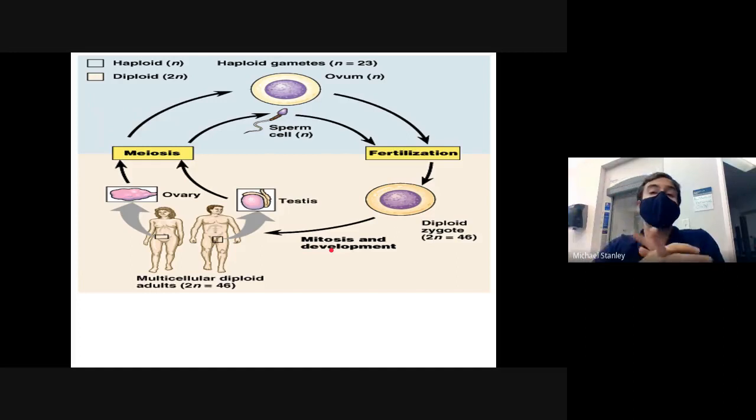So the reason why we need meiosis, you may be wondering, well, why do these gametes have to be haploid? Why can't they just be diploid and these go through mitosis just like everything else in the body? Well, there's a very good reason for that. And that is because these gametes are what are going to be used to produce a new baby, right?